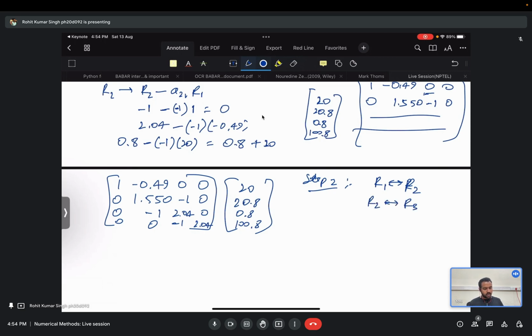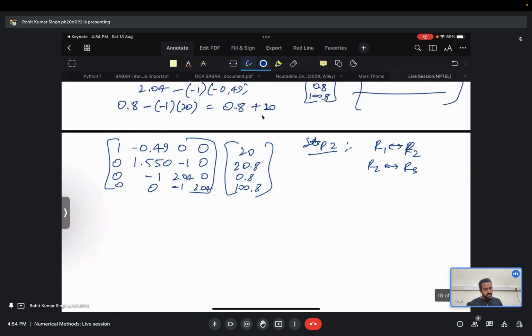Whatever we did in this step, we just shift our focus to row 1, row 2 and row 3. So now you have to divide row 2 by A22.